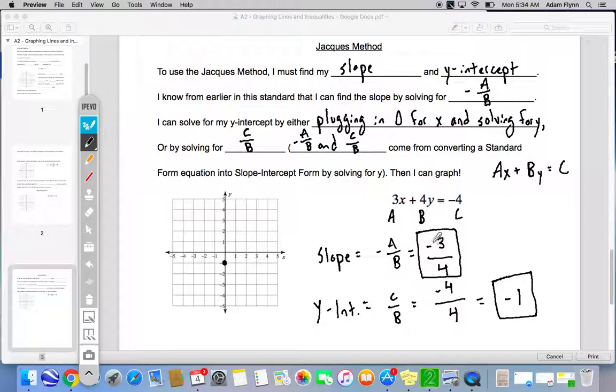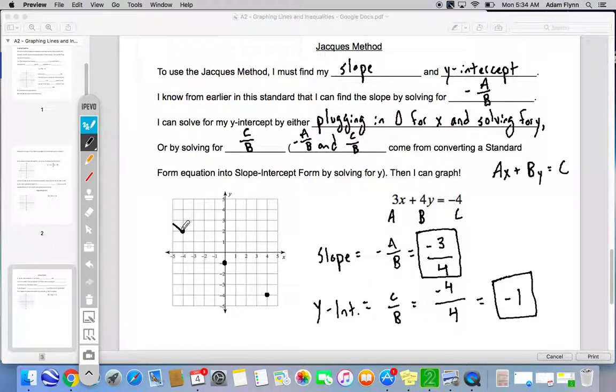And my slope is negative 3 over 4. So instead of going up 3, I'll go down 3. 1, 2, 3. Keep my pen there. And I'm going to the right 4. 1, 2, 3, 4. And because I'll run out of graph space down here, I can go up 1, 2, 3, and to the left 1, 2, 3, 4.